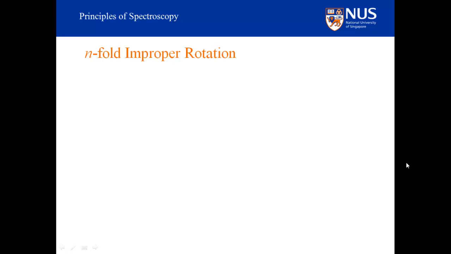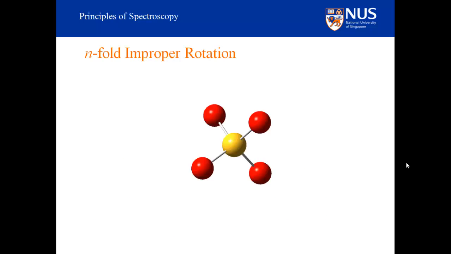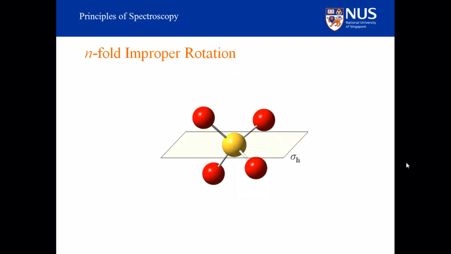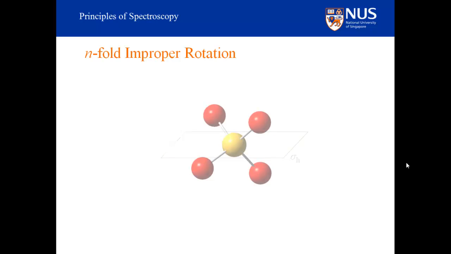Now the next one is slightly confusing. Here we have a tetrahedral molecule. It is called tetrahedral not because it has 4 points, but because it has 4 sides. There isn't a C4 axis, but if we apply the C4 rotation and then we apply the reflection through the mirror plane that is perpendicular to the C4 axis, we return to the original configuration.